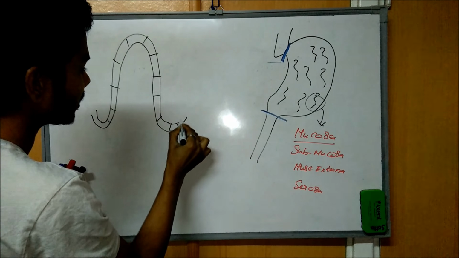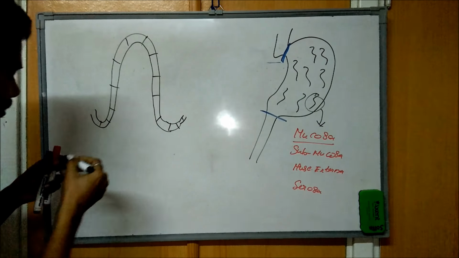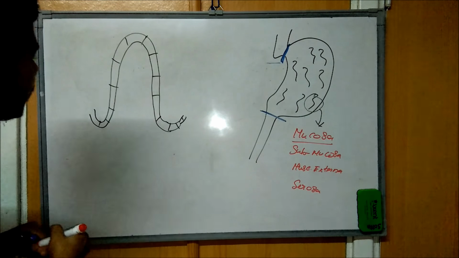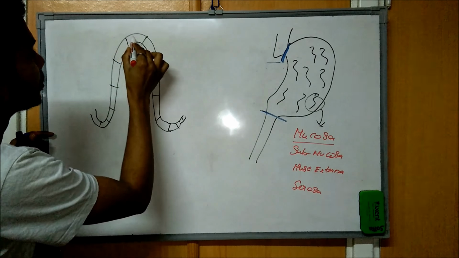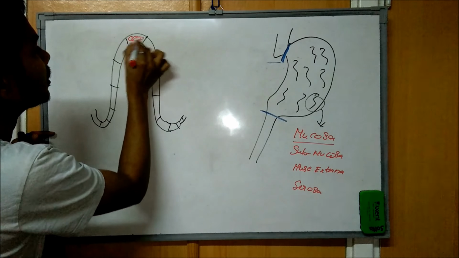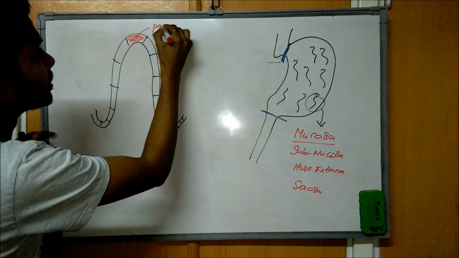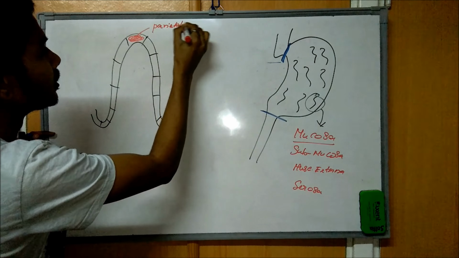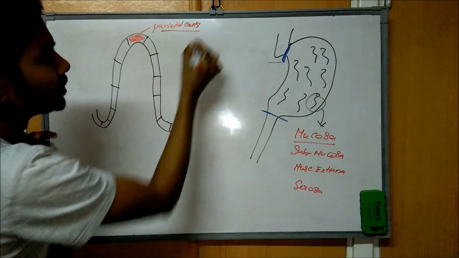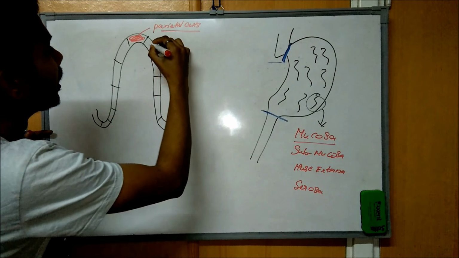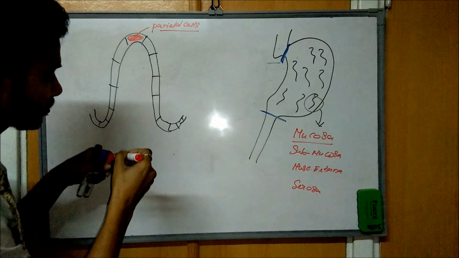When you see this structure histologically, there is a presence of cells. There are parietal cells, which are used to produce the HCl.